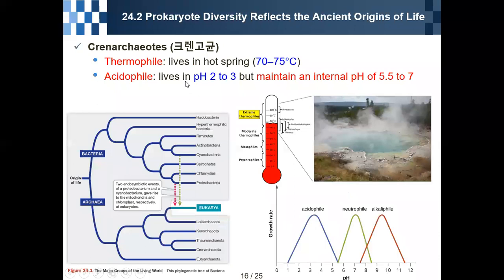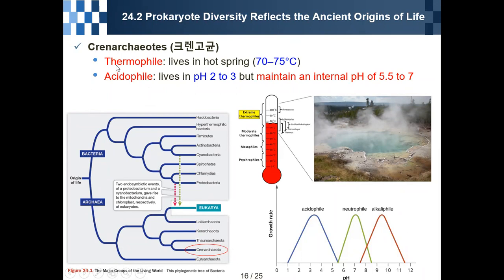Let me go to here. We covered the bacteria, and now we cover Archaea. There are several kinds of Archaea. The most important is the Crenarchaeota, in Korean Krengogyun.